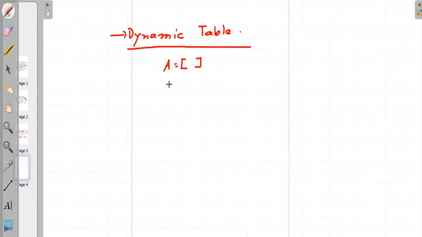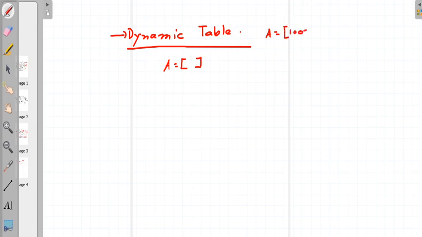We are not sure how many will ultimately be coming. Many a time you do the programming this way, that A equals, say, 1000 elements.